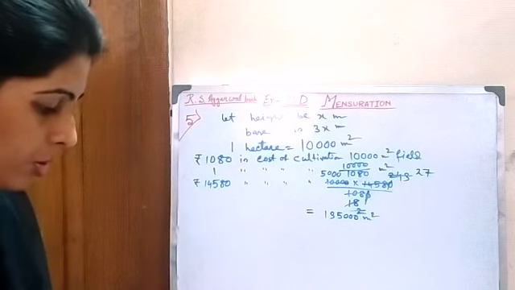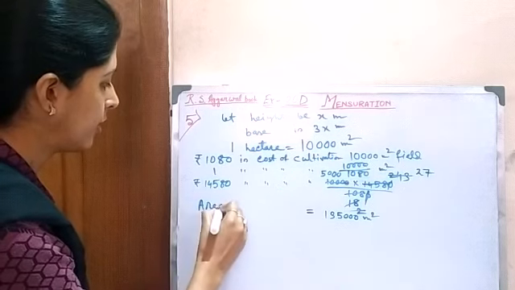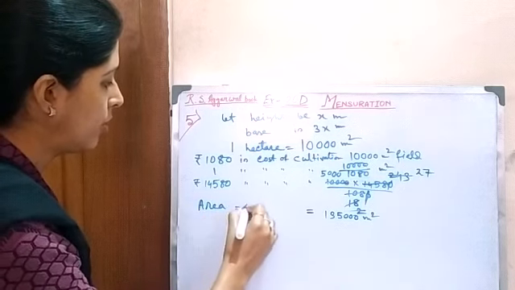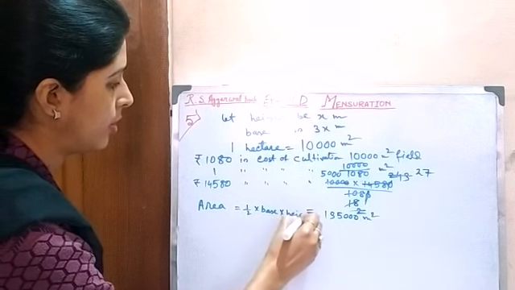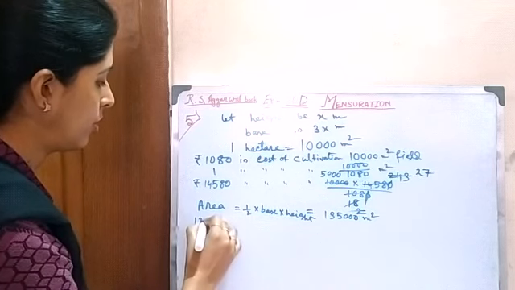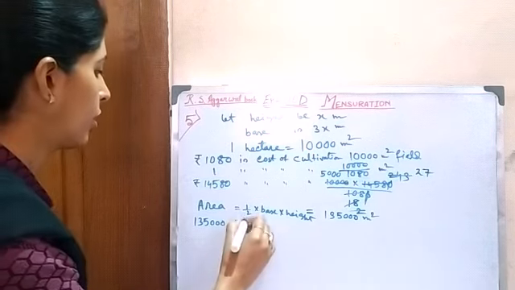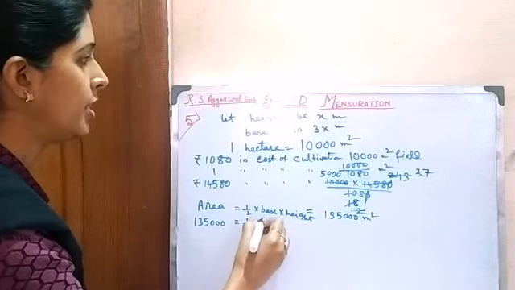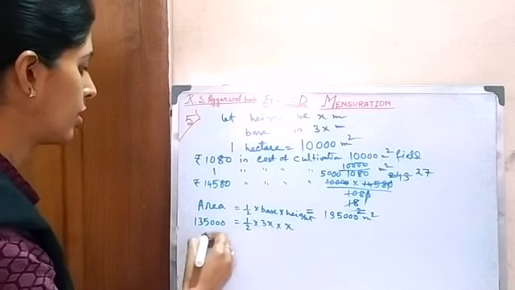Now we will use it in the formula of area. Area equal to half into base into height. Half into base 3x into height x.